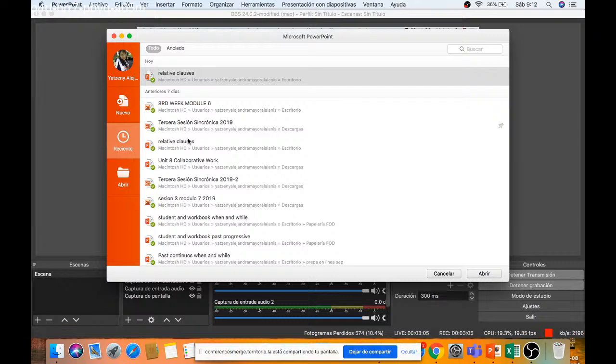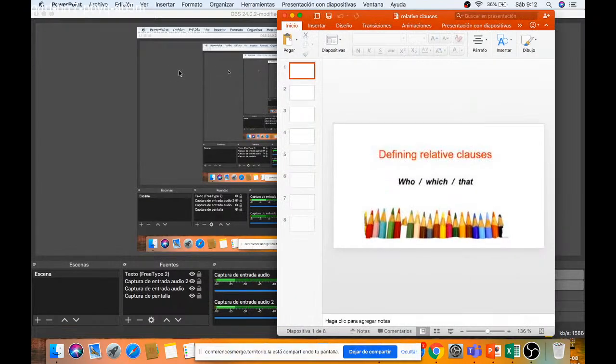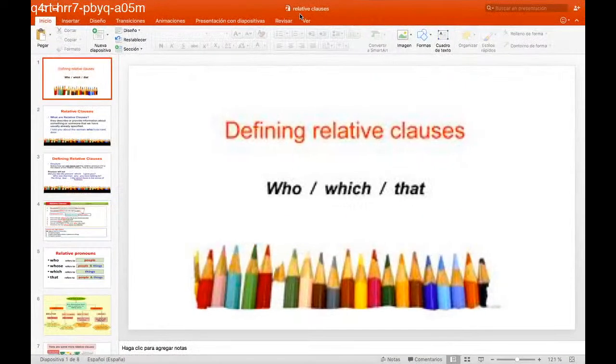During the week, I already talked about relative clauses, but today it is important that we analyze how they work. These are called defining relative clauses because we are talking about something specific.